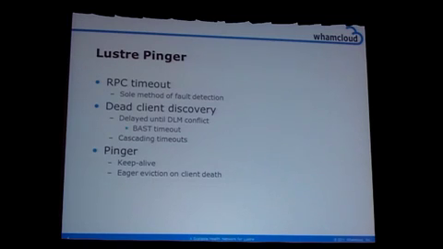But what happened in initial Lustre implementations was that when a client died, discovery of client death was delayed until it was determined that the client was blocking some other client. Typically, the client would be holding some extent locks on a file. Another client would want to do some conflicting operation in the same extent of the file, at which point a notification is sent to the first client. That client's dead.